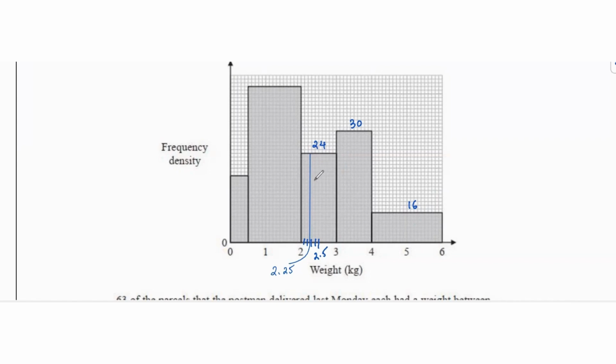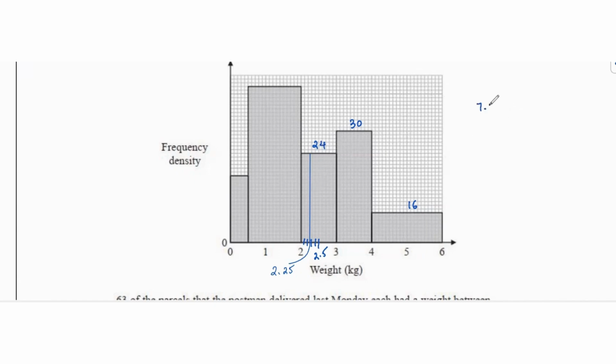So if we count the total number of boxes in this bar, 24 is the total height, and the width is 10. So we're talking about 7.5. Over here, there are 10 columns in total, and we're focusing on the 7.5 columns.